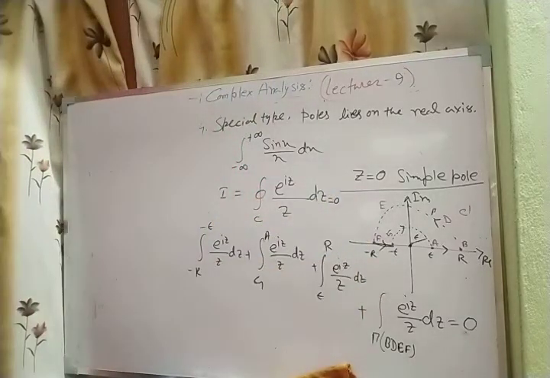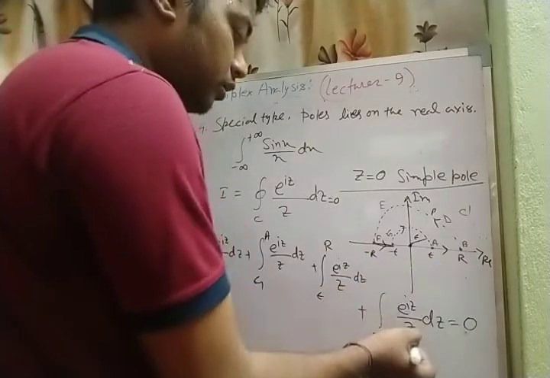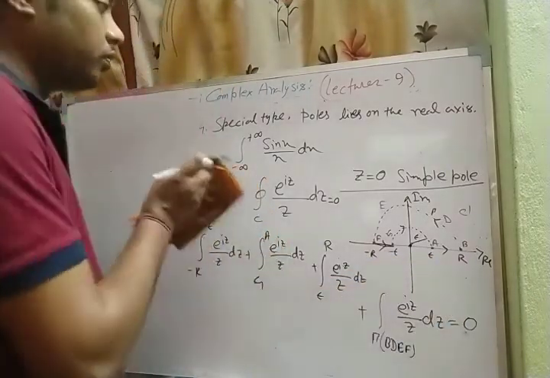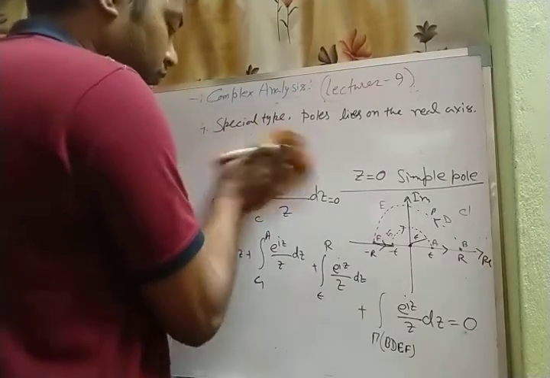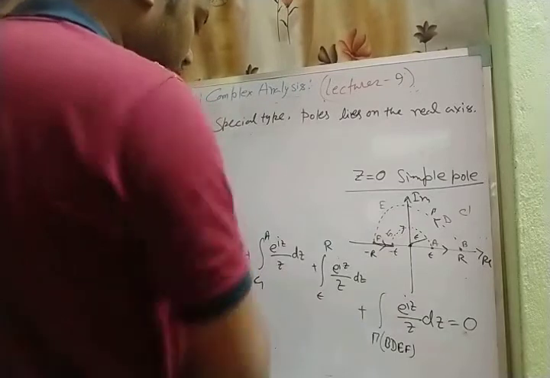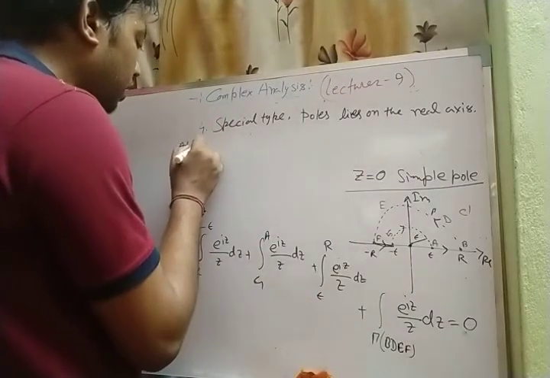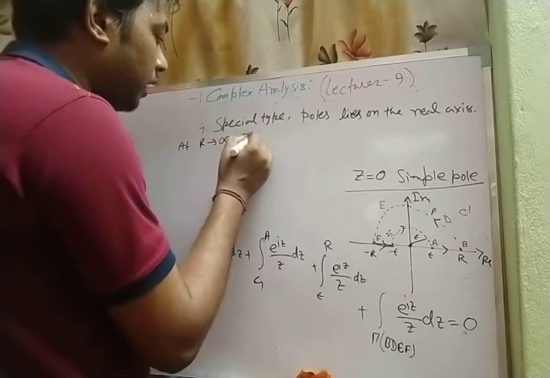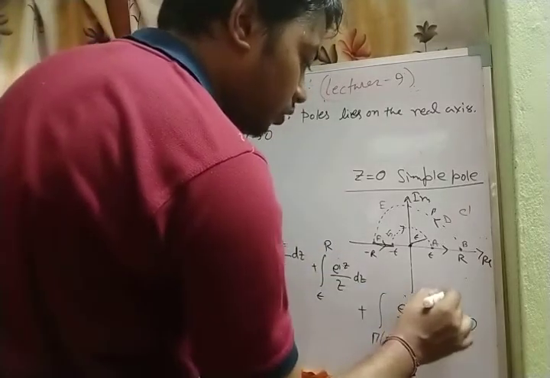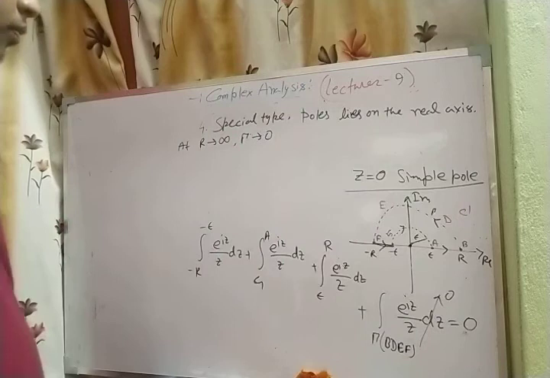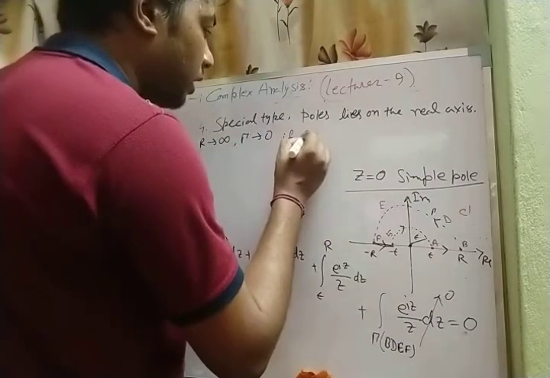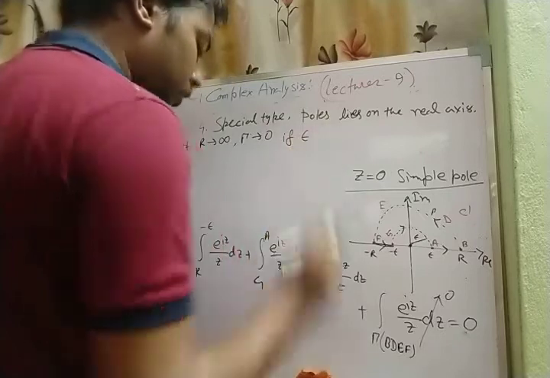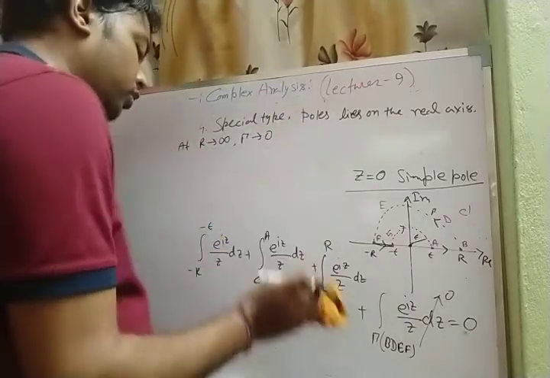Now by considering that r tends to infinity, this gives 0. At r tends to infinity, gamma tends to 0, so this is going to be 0. We are considering the second condition later on.